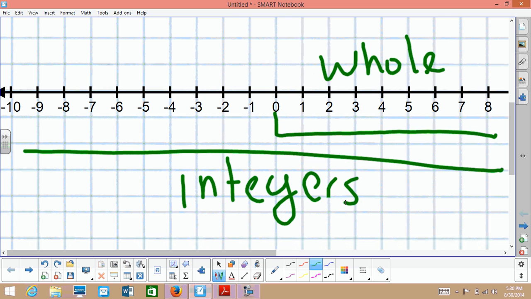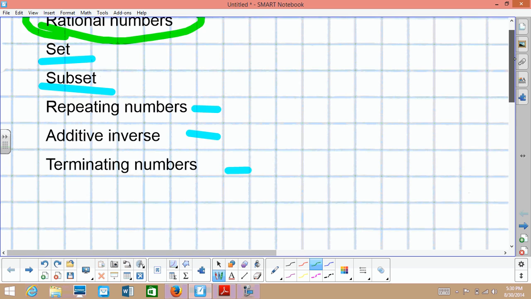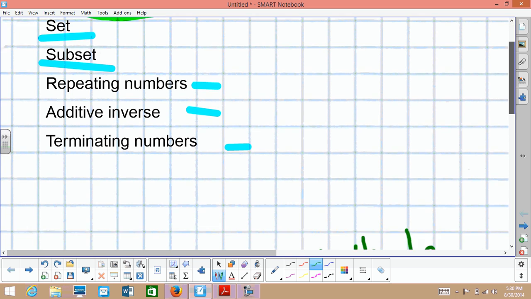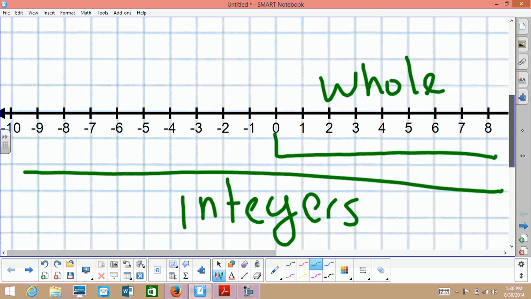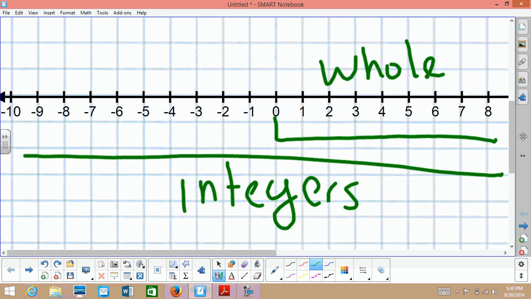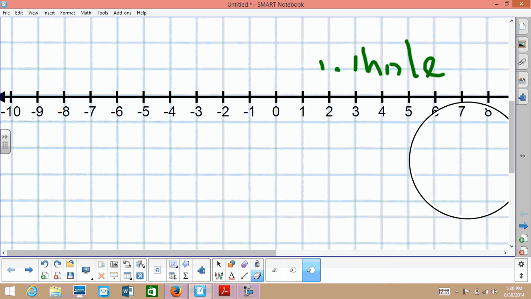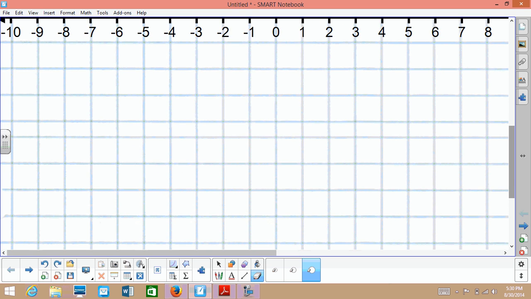All right. So the next part that we're going to move on to will be repeating numbers and terminating numbers. The repeating numbers are the ones that whenever you divide them, for example, you have a ratio and you divide them, they just go on and on forever and they never stop. We do that whenever we're dividing fractions, turning them into decimals.